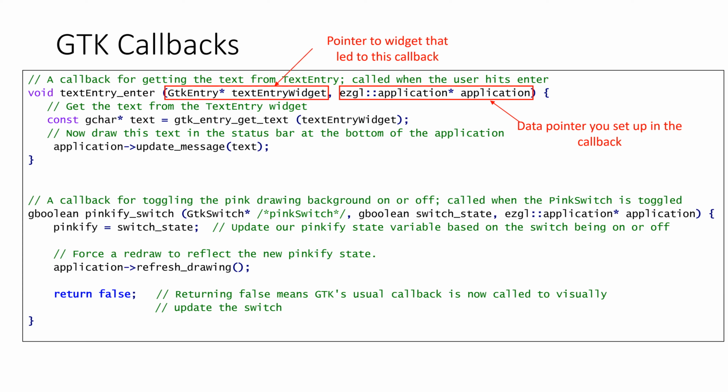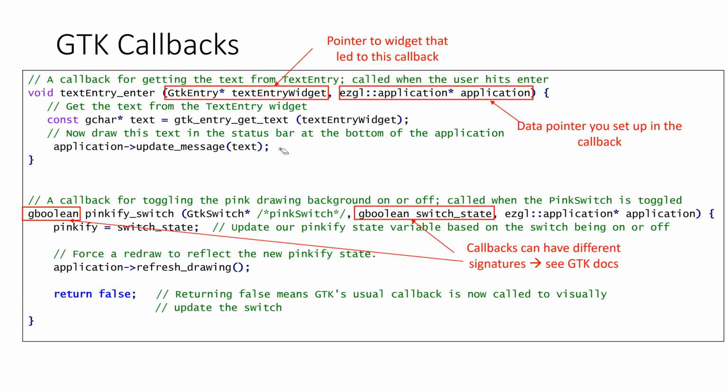They also get passed that pointer that you set up in the callback. So when I set both those up, I said I want the EasyGL application pointer passed. So in my callback, that's what I get passed. That's helpful because here I'm using things like application update message. If I hadn't passed in that application pointer, how am I going to call that?